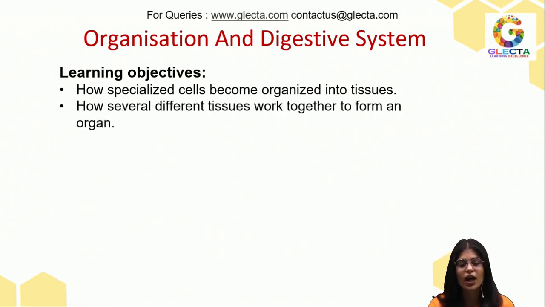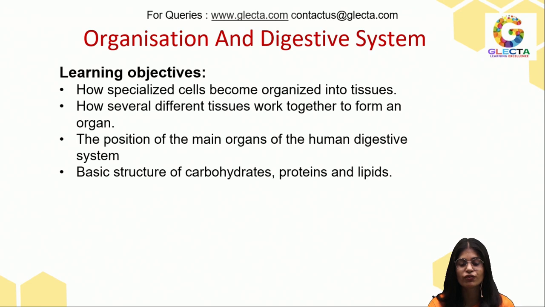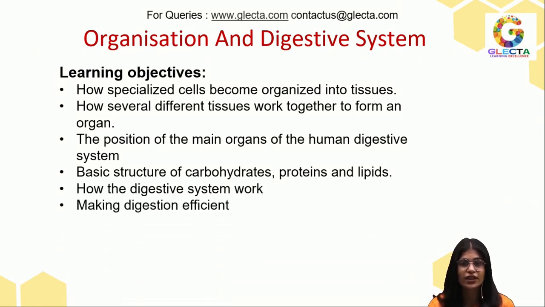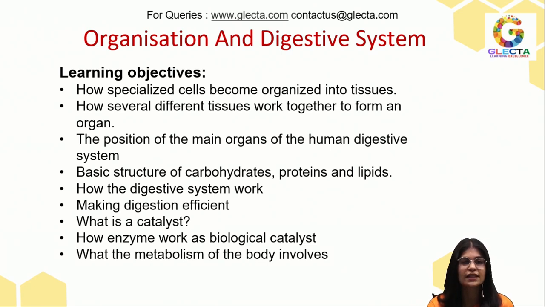Then we're going to talk about how different tissues work together to form an organ, the position of main organs in the digestive system, the basic structure of carbohydrates, proteins and lipids so that we can understand the chemistry of the food, then how the digestive system works, making digestion efficient, what is a catalyst, how enzymes work as biological catalysts, and what is the metabolism of the body that is involved.